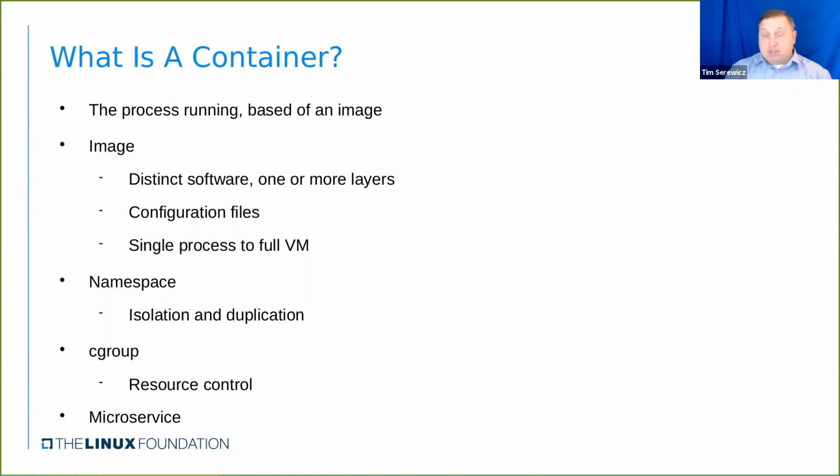Containers, in addition to being a process running, also take advantage of a namespace. A namespace is a kernel feature that allows you to have distinct copies of the same information. So they're distinct, meaning they don't rely on one another, and they can be truly isolated. For example, you could have multiple containers with the same IP address on the same host.